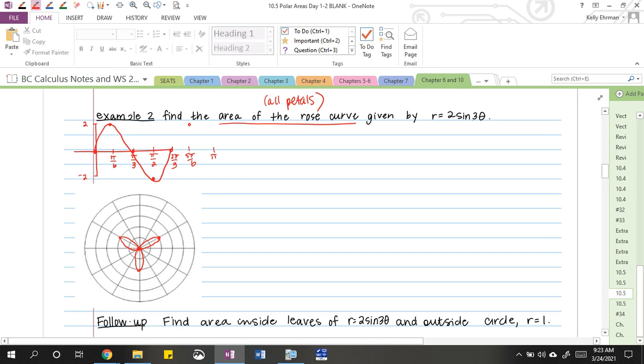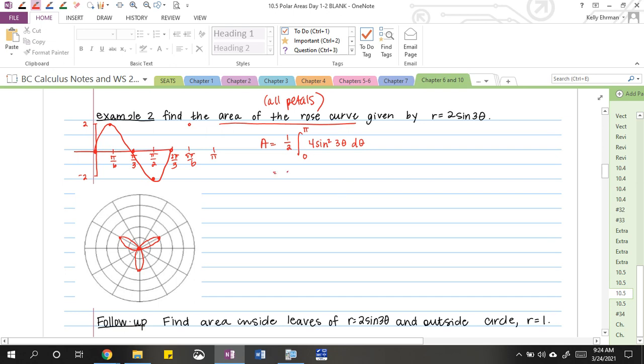I have a lot of options here. If I don't know just by looking at the equation how many petals it has, then I can graph the whole thing and say the area is, I like to pull the 1/2 out in front, by the way, 1/2 times the integral from 0 to pi, that's how long it took to complete the whole thing, of, let's just go ahead and square this, 4 sine squared 3 theta d theta.